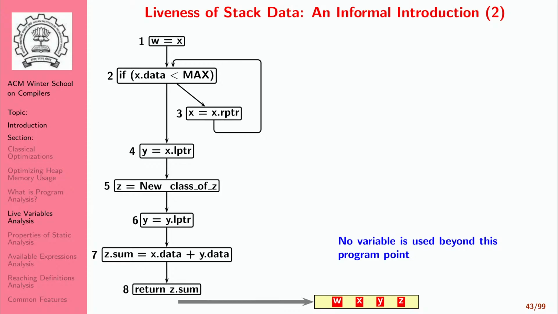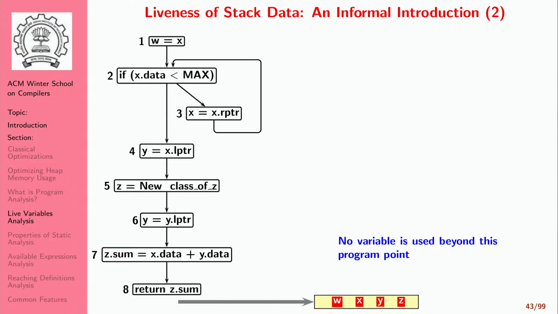So the way we try to answer this question, is this location live, is this location useful, is imagine as if we put some garbage value in the location. If we did that, will the rest of the program execution be affected? If it is likely to be affected, then the location is live.